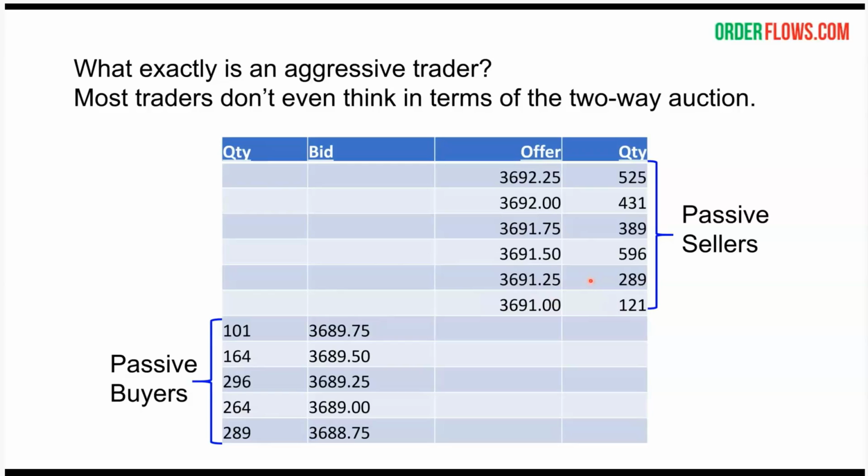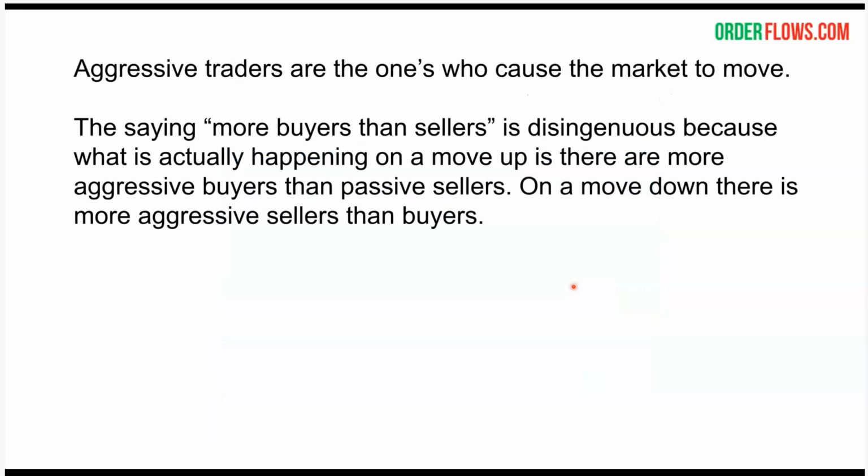They buy everything at 36.91 1/4, right? So there's not more buyers than sellers. What you have is more aggressive buyers than passive sellers going on. That's what's causing the market to move up, because they're clearing out all the offers in the market on the way up. Just as on a move down, there's more aggressive selling than buyers.